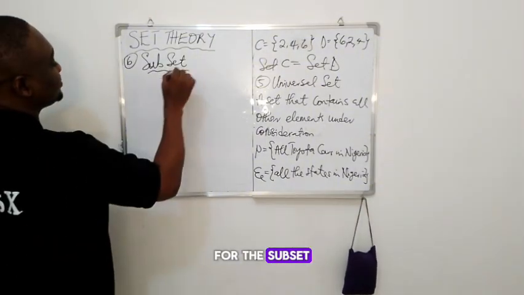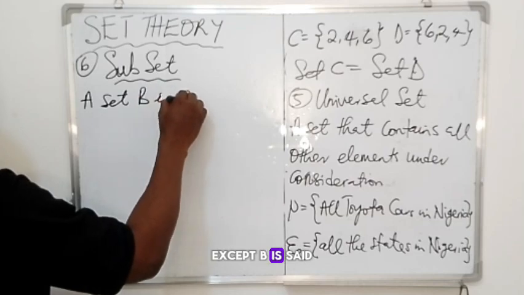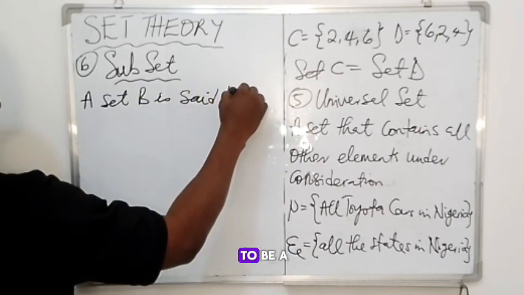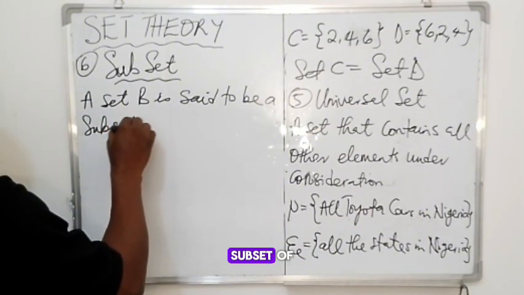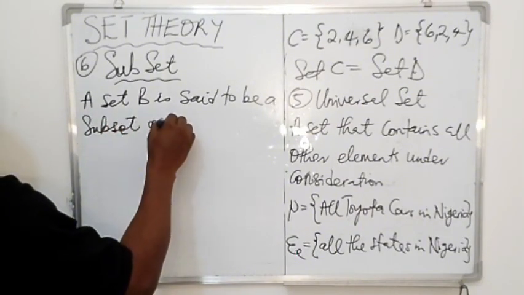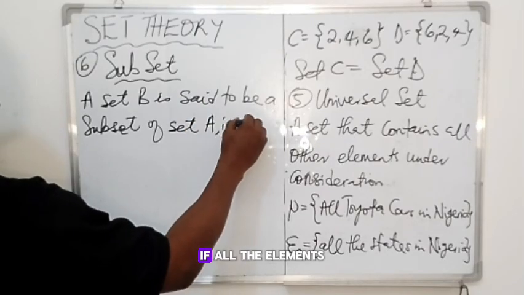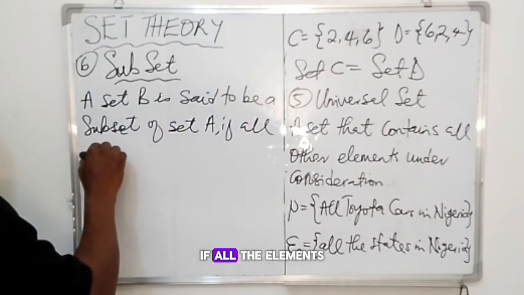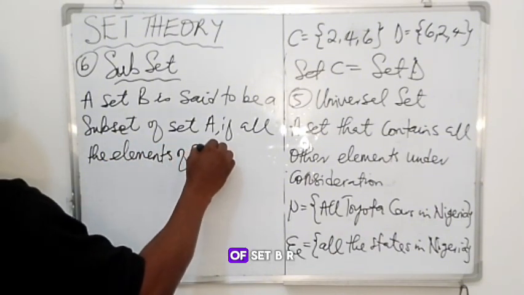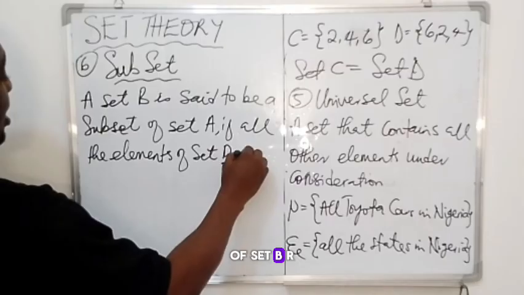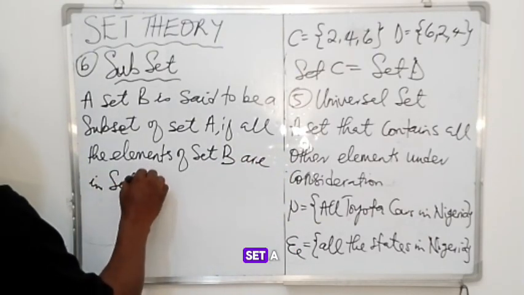For the subset, a set B is said to be a subset of set A if all the elements of set B are in set A.